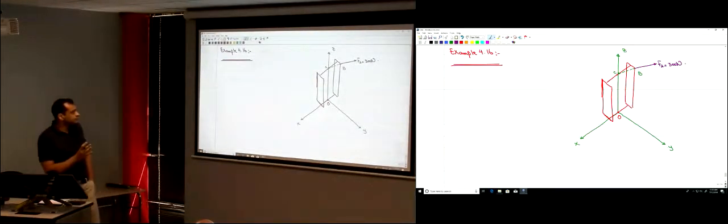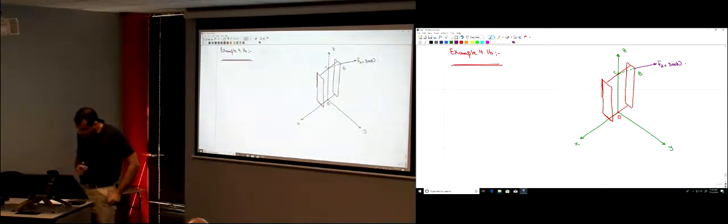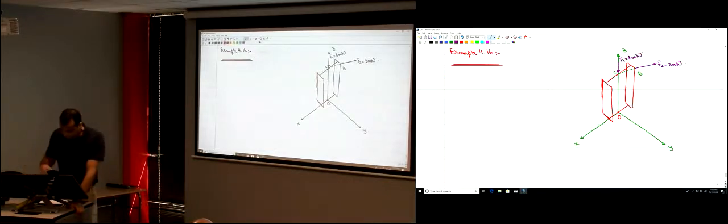As you see, it's in the XY plane, oriented with this line, CB. And then there is a force here at point C, a vertical force, F1, equal to 800 newtons.